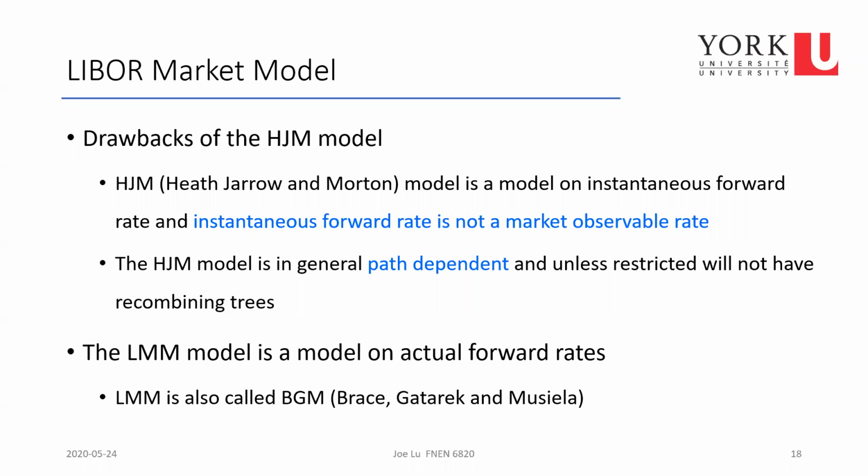Now, when HJM published their paper, it was very well received by the academic world because they provided a rich structure for interest rate term structure evolution. And there are certain prices you have to pay, but that price is relatively small, meaning that you have certain path dependency that you have to have.